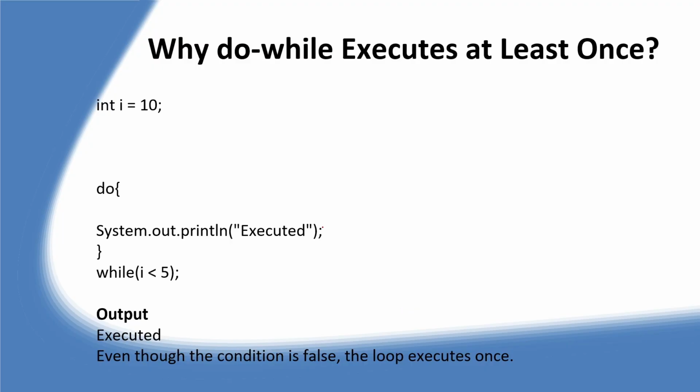Now the question comes: why does do-while execute at least once? Here we have done the initialization.